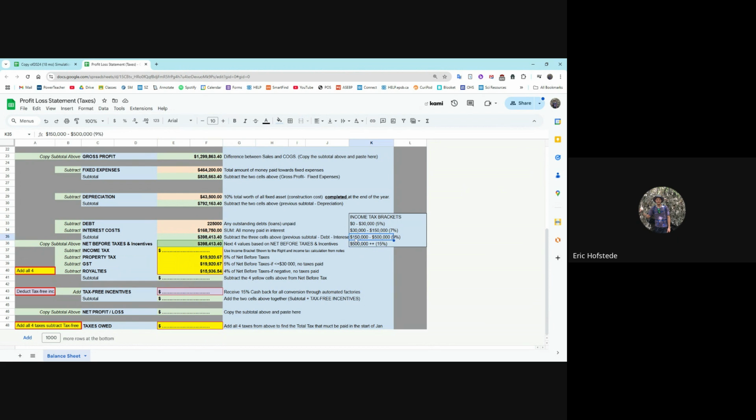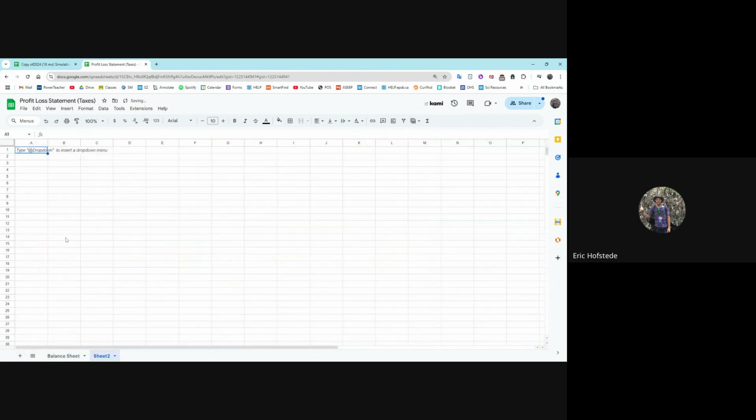But I did earn 398,000, which falls into this third bracket. The calculation, maybe I'll make a new sheet for us here, is top of bracket minus bottom of bracket times my tax rate, rate of tax.